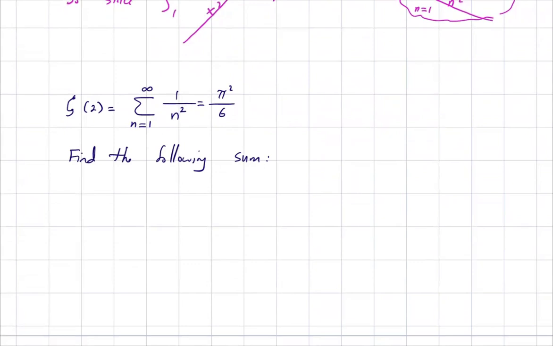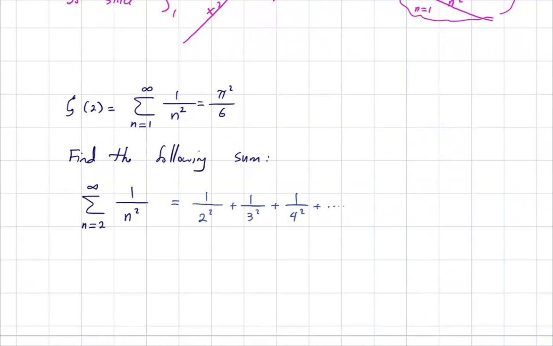We want to know what is the summation of 1 divided by n squared if I start from 2 and go to infinity. Well, let me break this down into smaller pieces. It says I have 1 divided by 2 squared plus 1 divided by 3 squared plus 1 divided by 4 squared plus the rest of the terms.